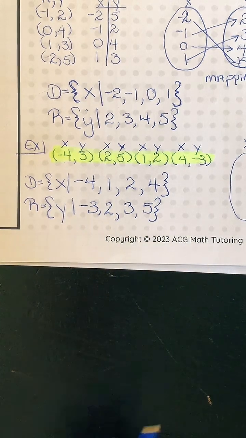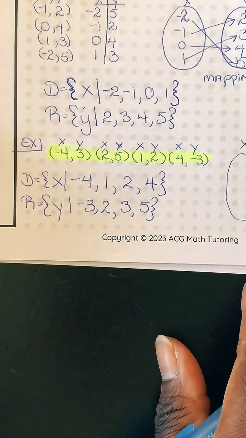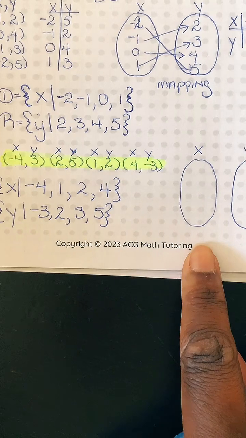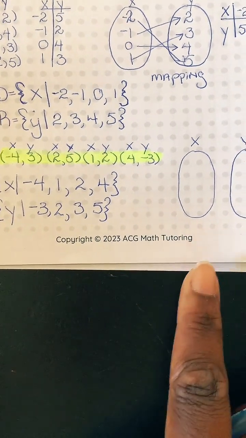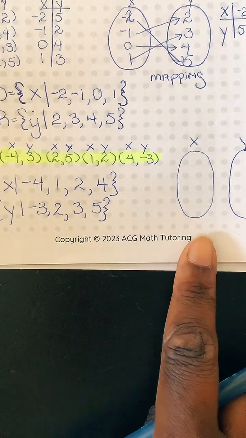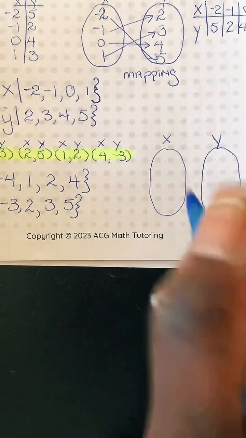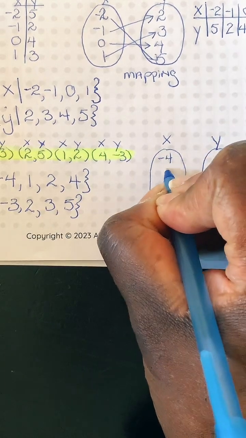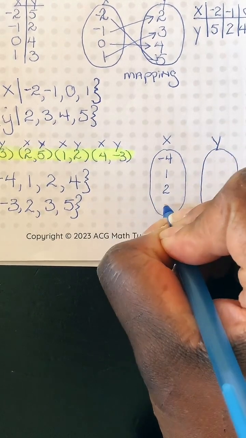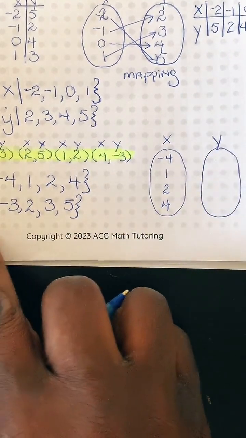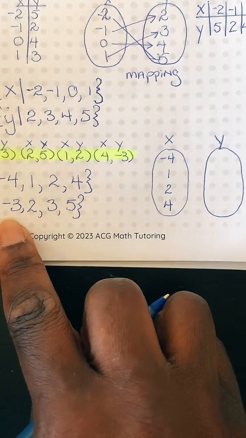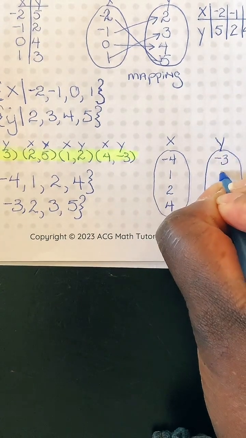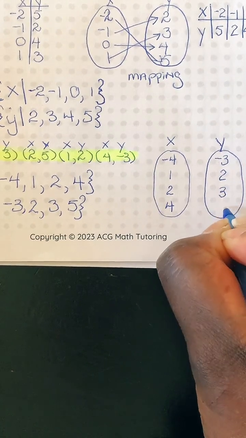Perfect. Now, I want you to take these same numbers and convert them into a mapping. So we can just go in order: our -4, our 1, our 2, and our 4. Our Y's are going to be my range: -3, 2, 3, and 5.